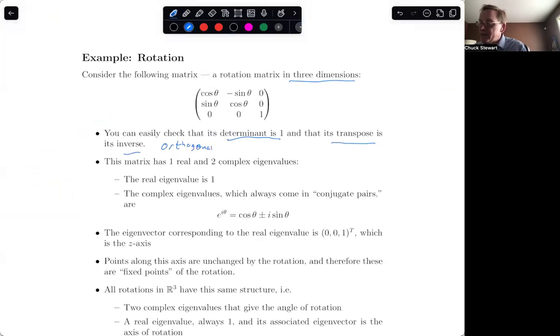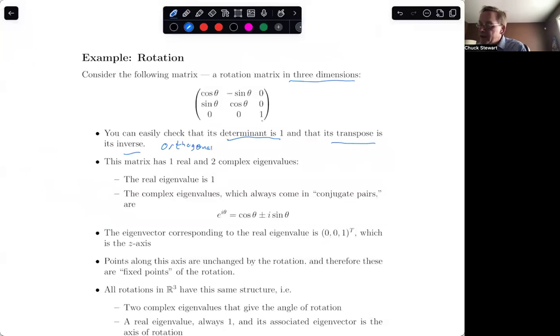If you're practicing this, you can show fairly easily that its determinant is 1 because you just pick the third row and you only have to look at this last column, and cosine squared plus sine squared is 1. And its transpose is its inverse.